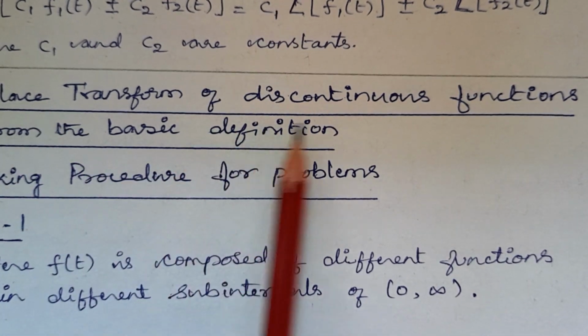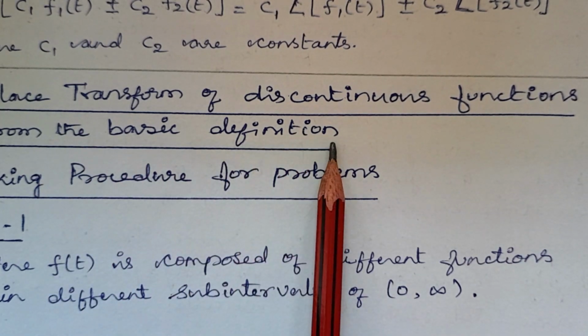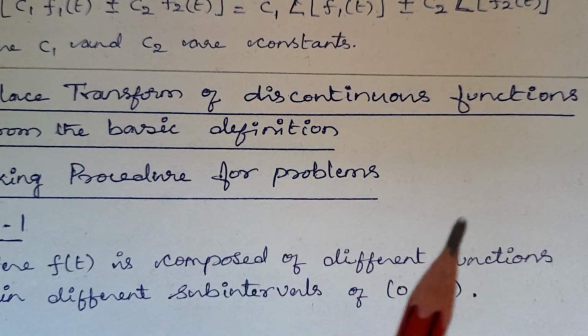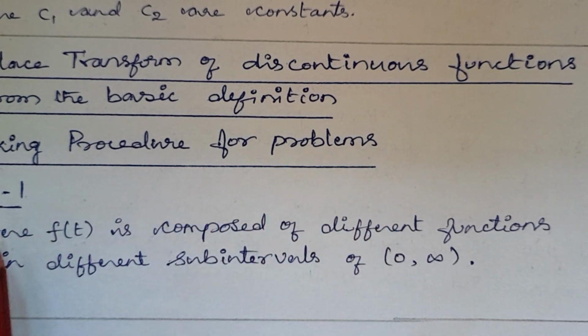Laplace transform of discontinuous functions from the basic definition. So, working procedure for problems. Step number 1. Here, f of t is composed of different functions in different subintervals of 0 to infinity.